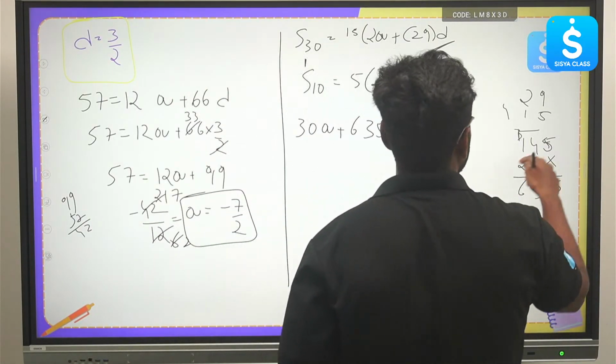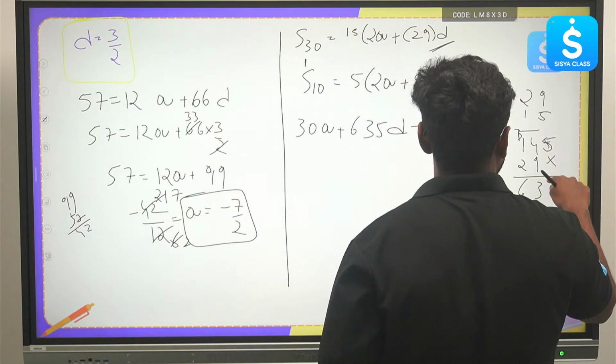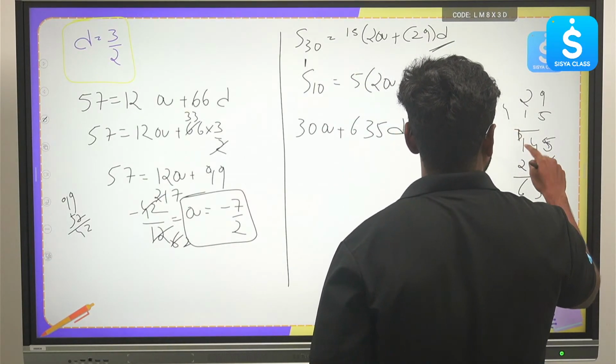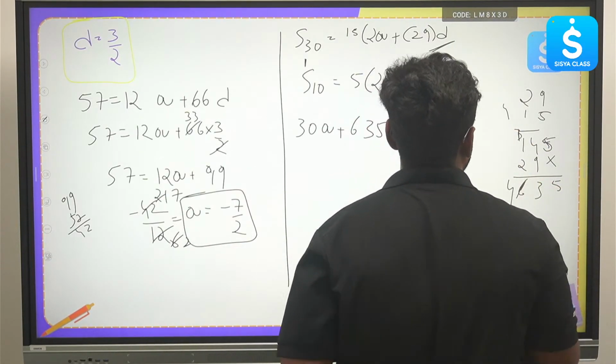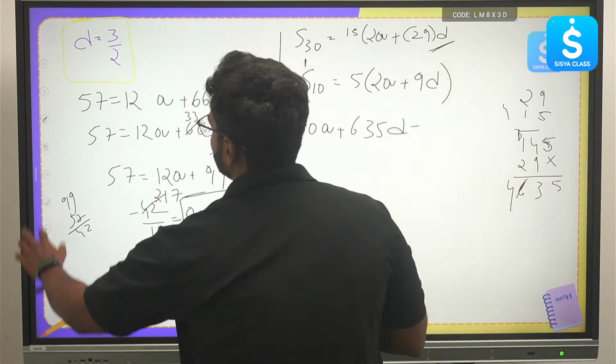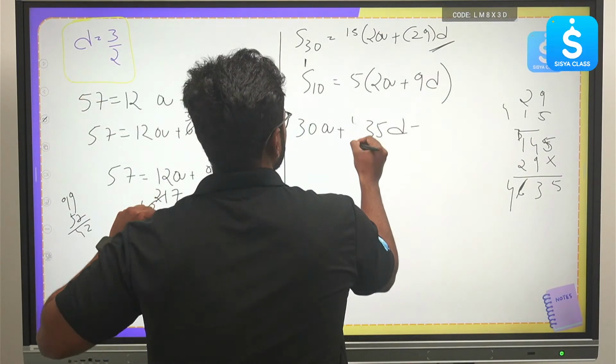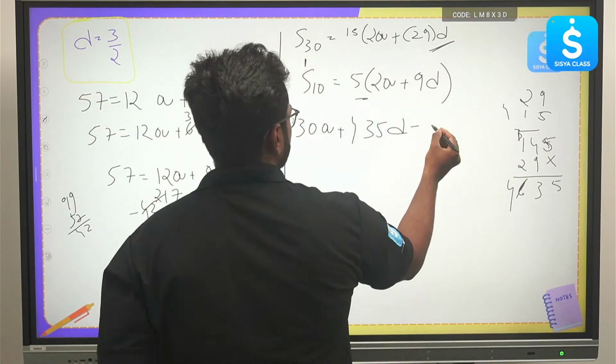Okay, sorry, 29 into 15: 9 plus 5 is 14, 2 plus 1 is 3, 3 plus 1 is 4. We have 435. Now let us subtract this value.